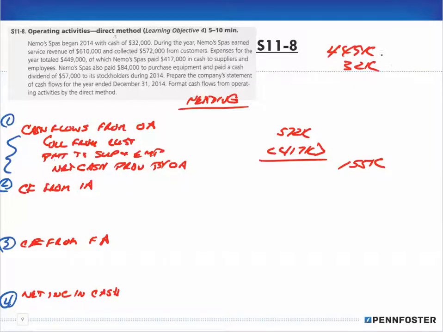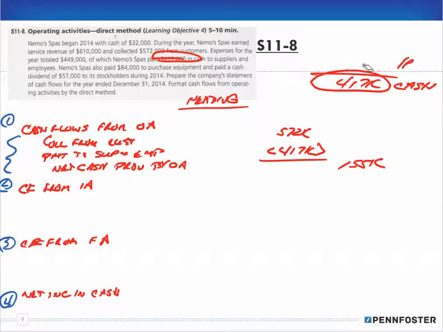Okay. Well, which number are you going to use, right? Well, you're going to have to do some math in order to figure out that 417,000 is what you used in cash. Here they're telling you they're using it in cash, but depending upon the way the information is presented, you may have to figure these things out.